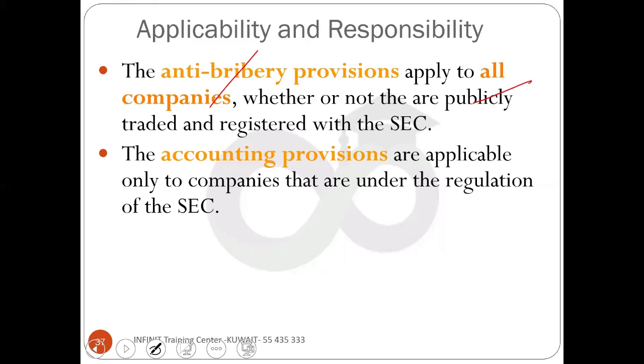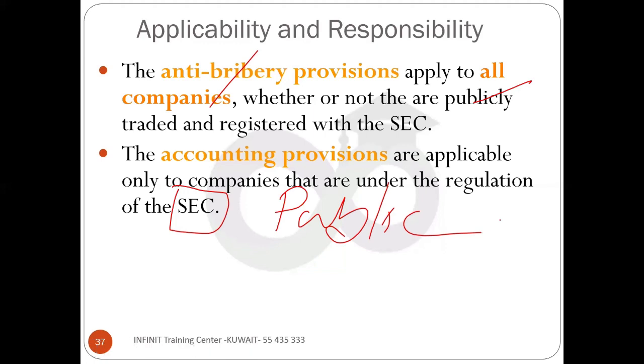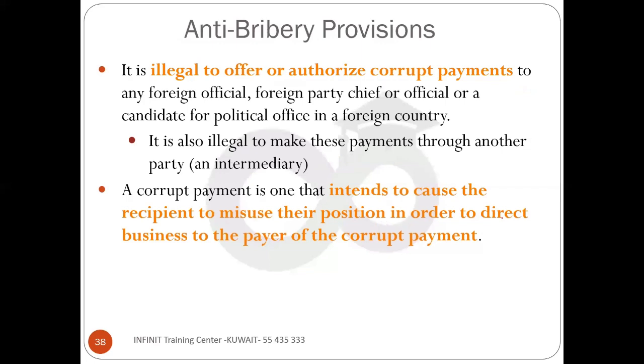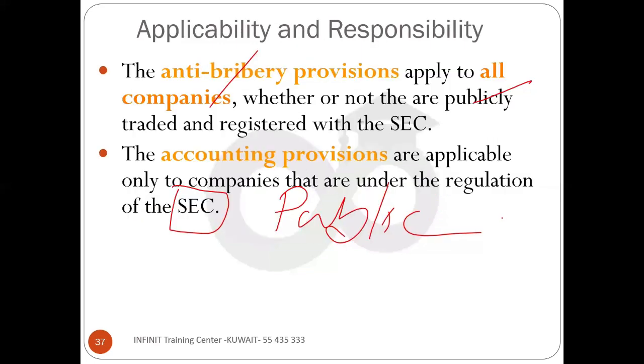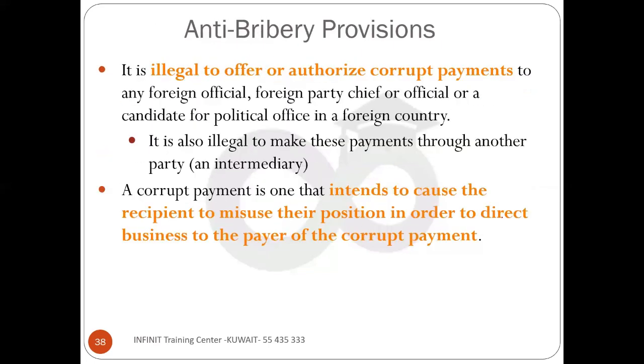Accounting provisions, whereas, are applicable only to companies under the regulations of the SEC, that is, only public companies. Accounting provisions are mandatory for public companies only, but the anti-bribery provision is applicable to all companies in the US. As per the anti-bribery provisions, it is illegal to offer or authorize a corrupt payment.